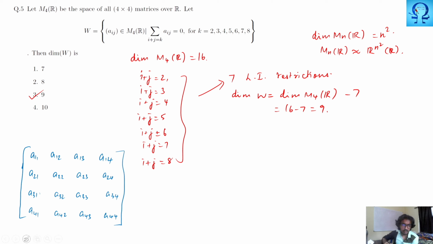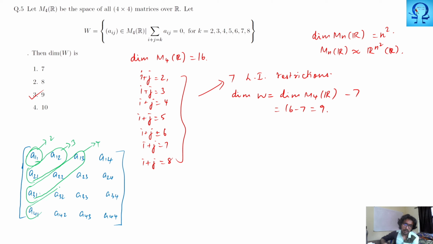Okay, and if you notice, only this thing, if you add the indices, you get the sum 2. If you add the indices of these two entries, you get the sum 3. If you add the suffixes of these three elements, you get sum 4.